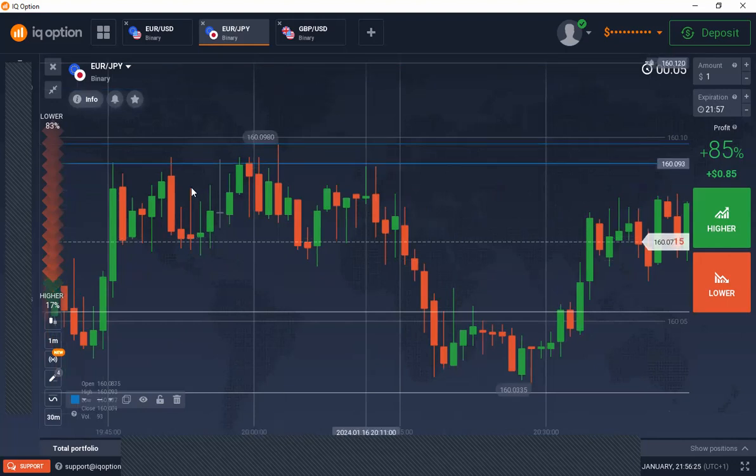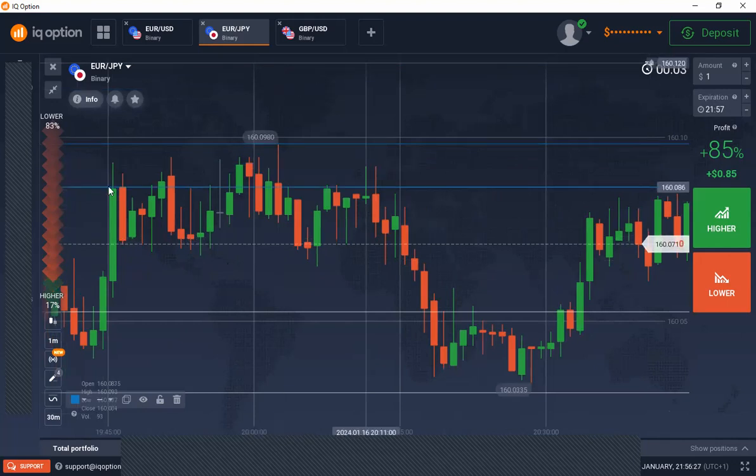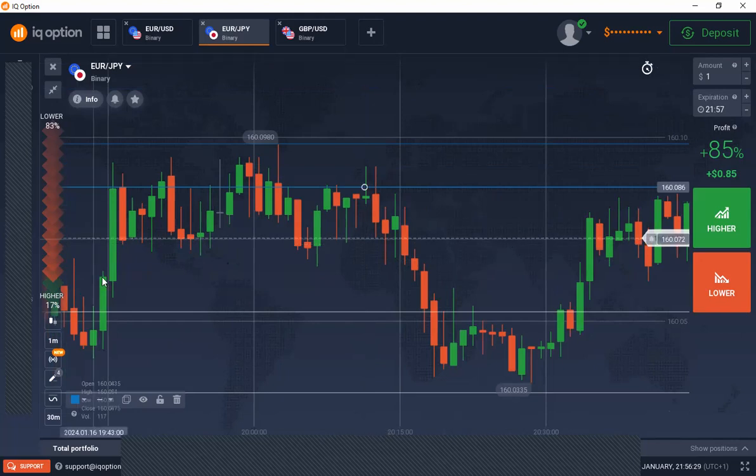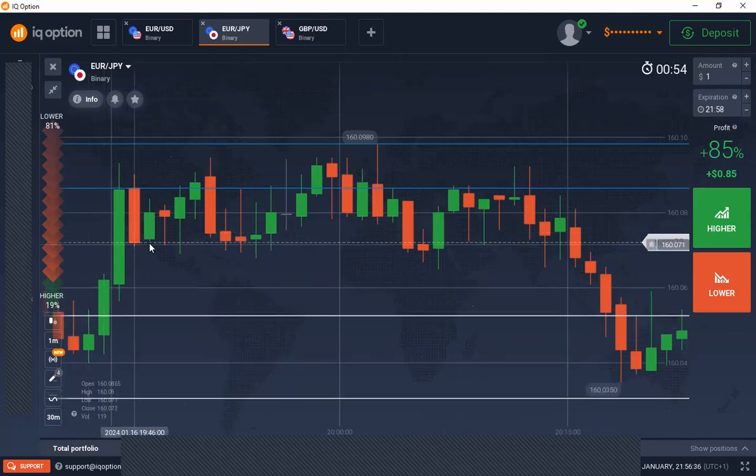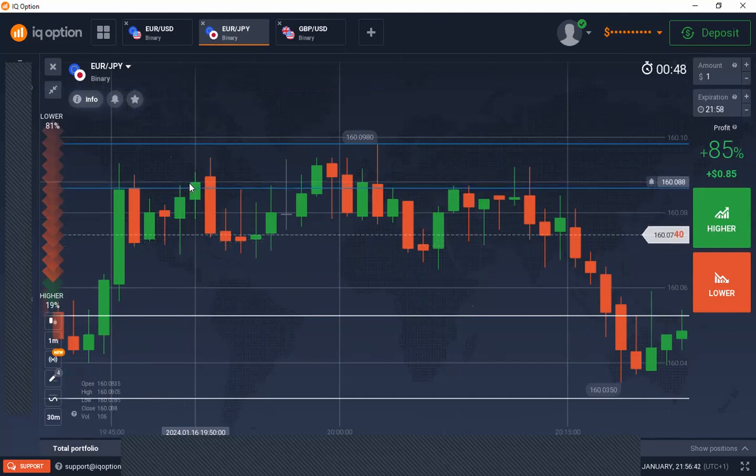So the sellers area started from here, because after this bullish movement, sellers entered. Again, you see rejection. But this candle goes above the rejection, sellers enter. Again, rejection.